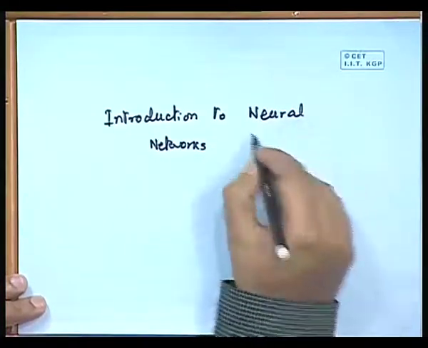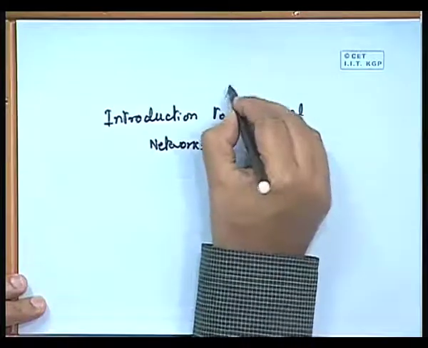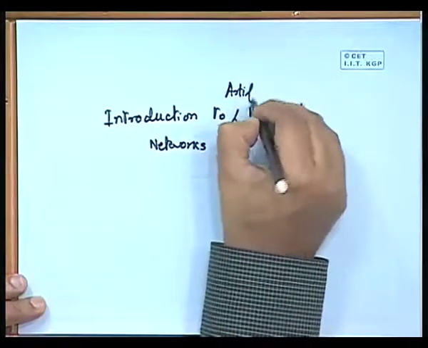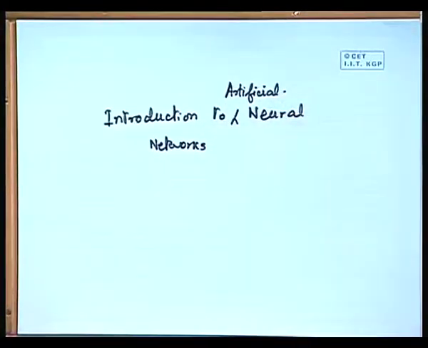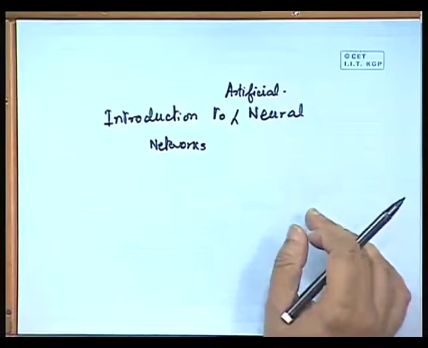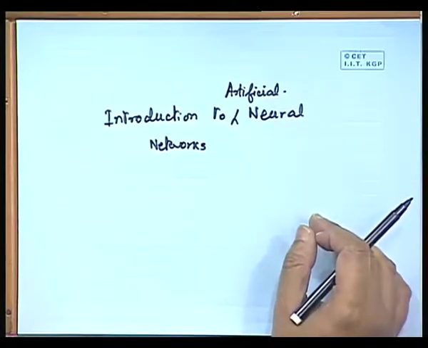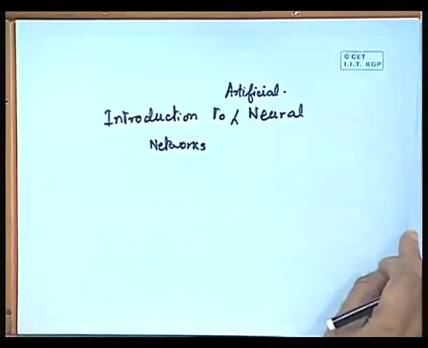And specifically we are going to address the introduction to artificial neural networks. Now, whenever I say artificial, the question that immediately comes to our mind is: what then is the natural neural network?